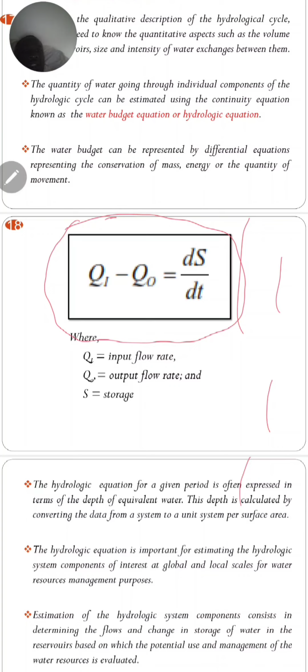In nature, it may not be possible. Let's take an example of a river. Okay, it can't be a whole watershed, but let's take specifically a certain point in a river. You can't say the water that you receive is the water that goes out. So sometimes it might be more, sometimes it might be less.